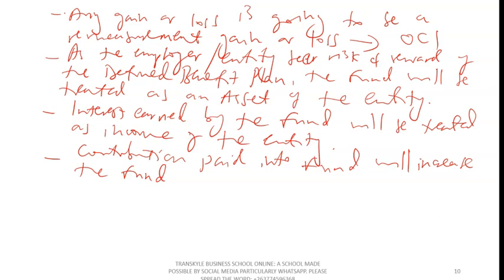So obviously we have to debit the fund, we debit the defined benefit plan, and credit the bank. Because whenever we make contributions to the plan, we are increasing the plan assets. So we are going to debit the plan and credit the bank.